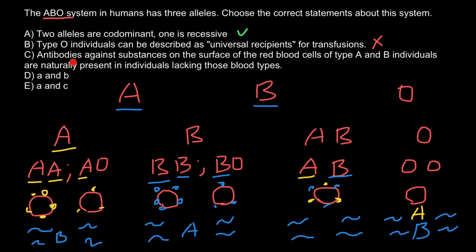Next statement: antibodies against substances on the surface of the red blood cells of type A and B individuals are naturally present in individuals lacking those blood types.